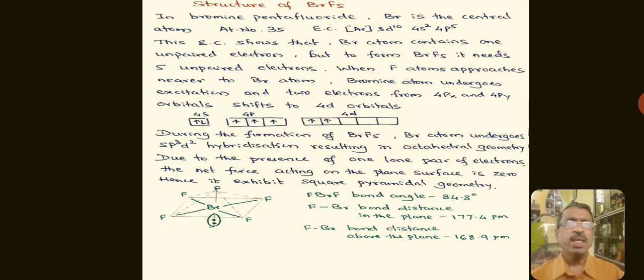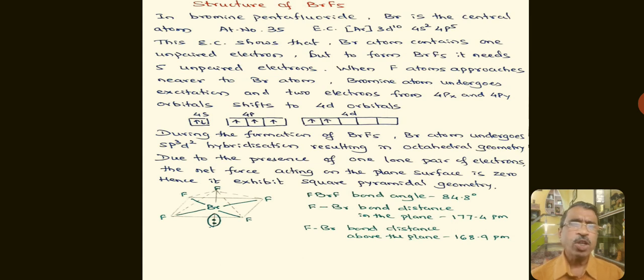To explain this phenomenon, it is suggested that when fluorine atoms approach nearer to the bromine atom, it undergoes excitation and 2 electrons from 4px and 4py orbitals shift to 4d orbitals. The excited electronic configuration is shown.